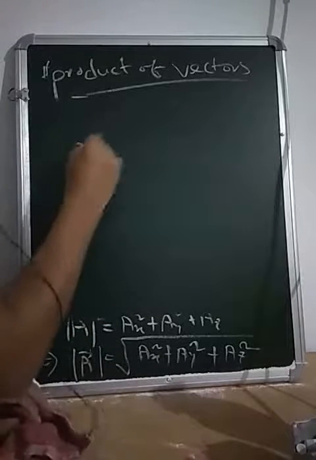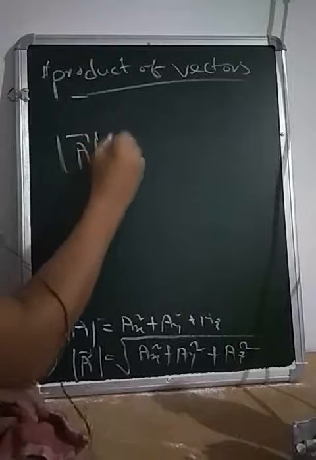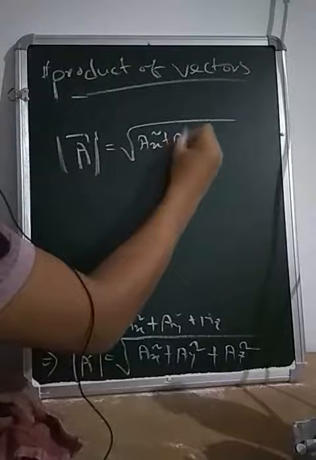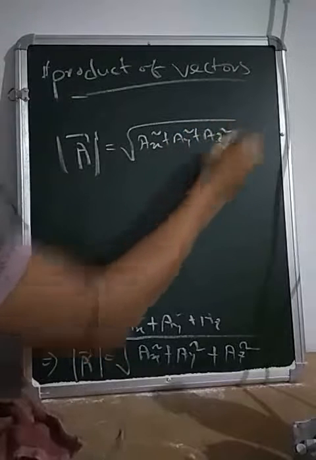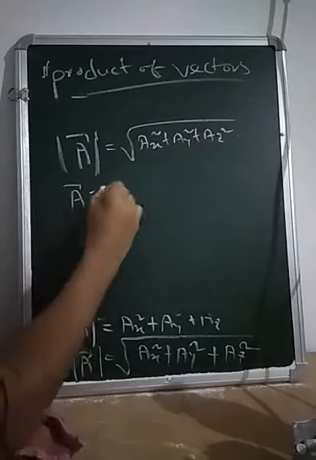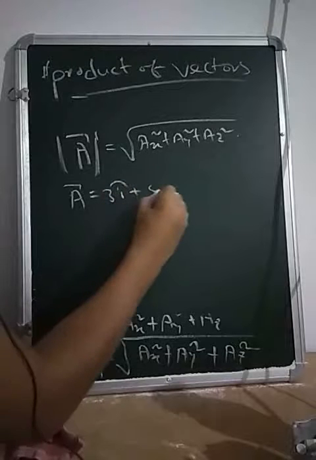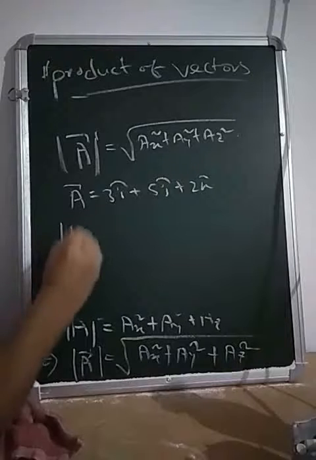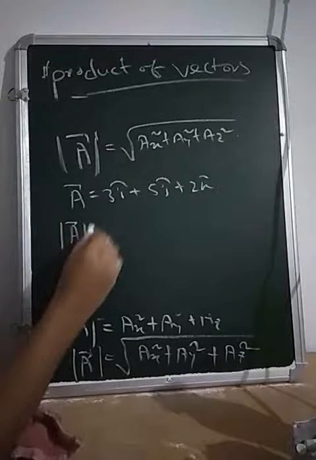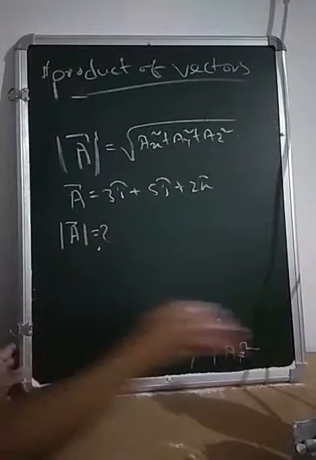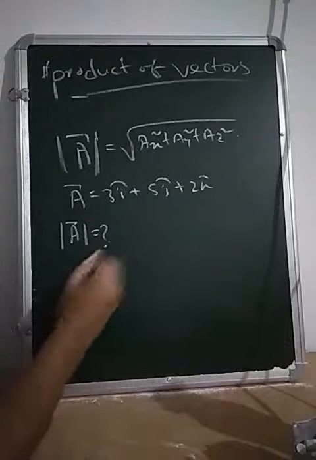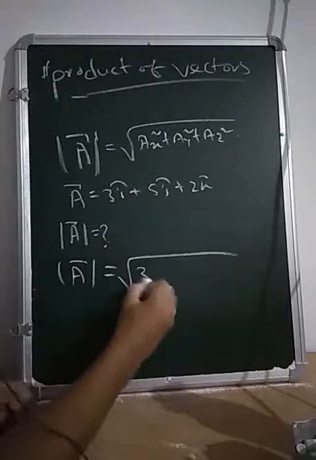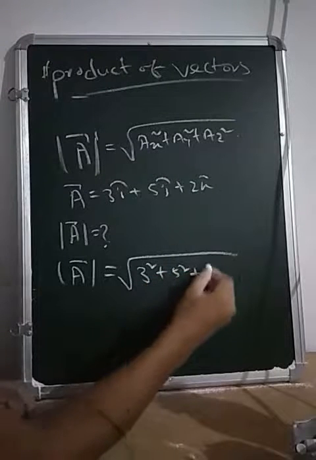So now what do we get? The magnitude of a vector A is root over ax square plus ay square plus az square. Suppose we give an example: A equals 3i plus 5j plus 2k. So what is the magnitude of this vector? We simply write magnitude of A is equal to root over 3 square plus 5 square plus 2 square.